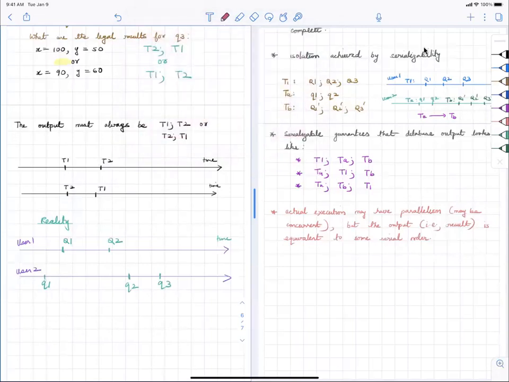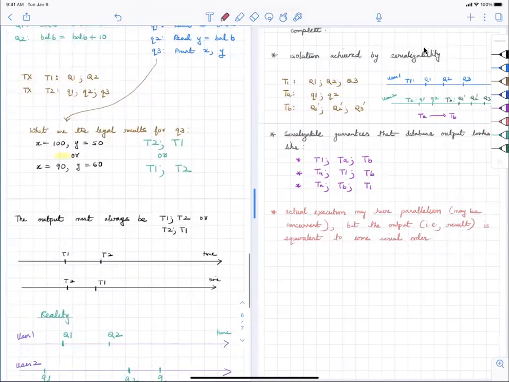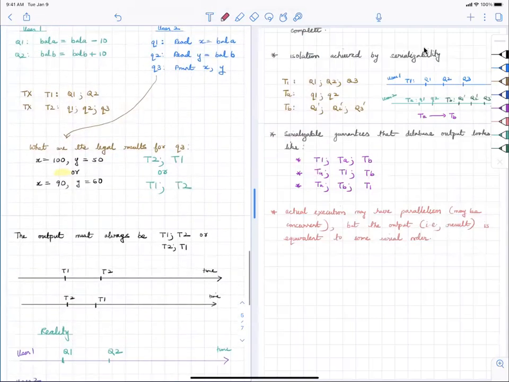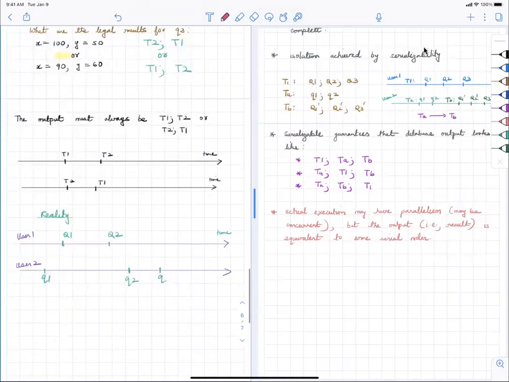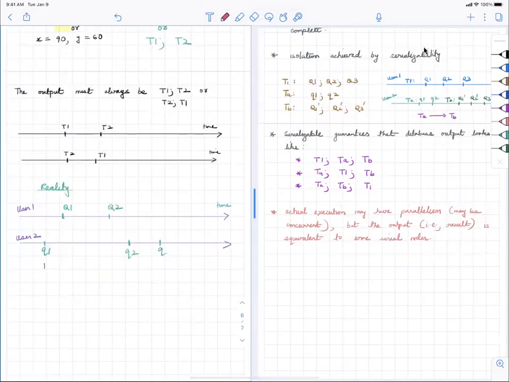Reality at this point, Q1, account A: read X is equal to 100. So let's call it X and Y, or A and B. So at this point, A was 100. After Q1, now A becomes 90.